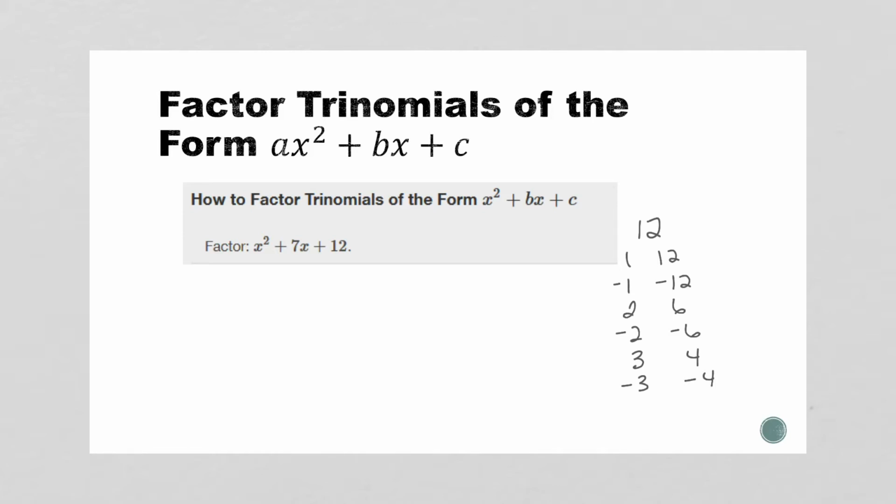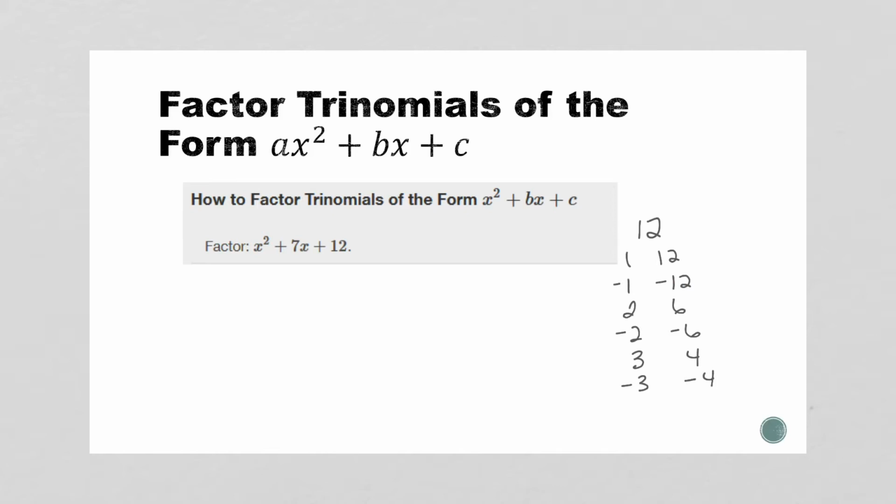Now what you want to do is look at the pair of factors in each pair and look at their sum. And what does the word sum mean? S-U-M? It means adding, okay? And so if I look at the sum of 1 and 12, I get 13. If I look at the sum of -1 and -12, I get -13.